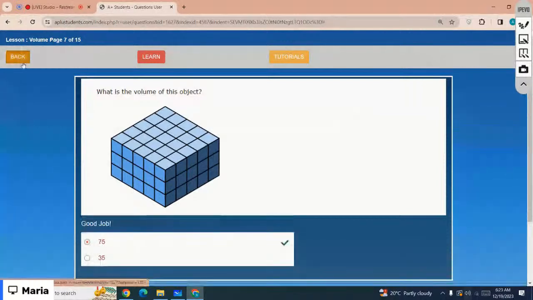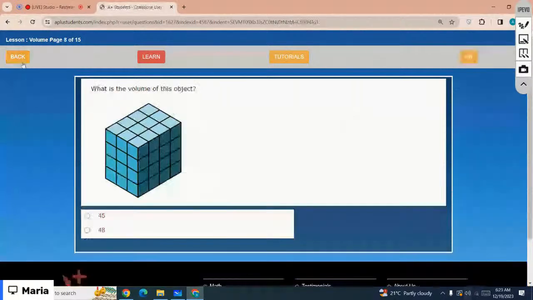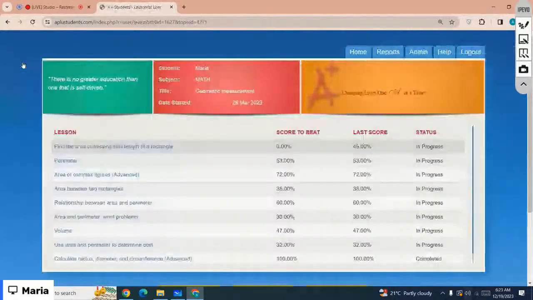Okay, you can complete the lesson by yourself later today. Let's just move on to the next question. And the next lesson is use area and perimeter to determine cost.